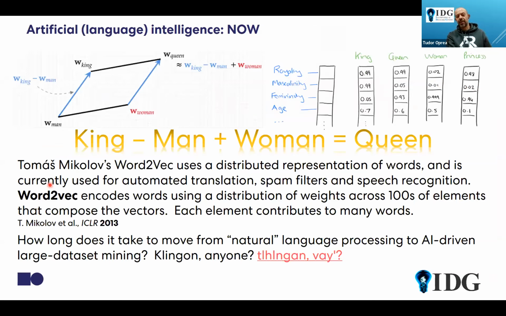There's been a revolution in text mining and the way we process large corpora of text. This comes from Tomasz Mikolov, who was at the time at Google. He came up with a way to vectorize word representation, and he famously solved this equation: king minus man plus woman equals queen.